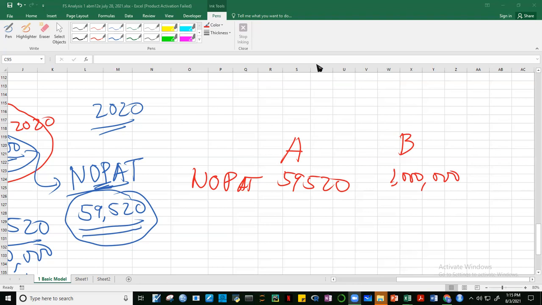Okay, what do you think, guys? What's the answer? A or B?